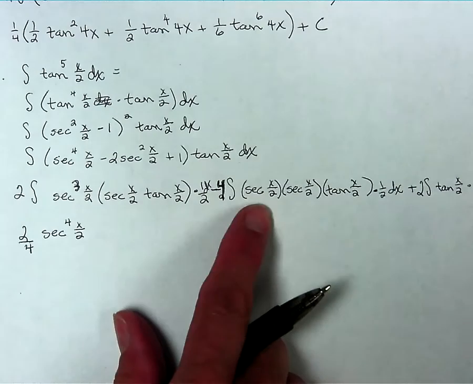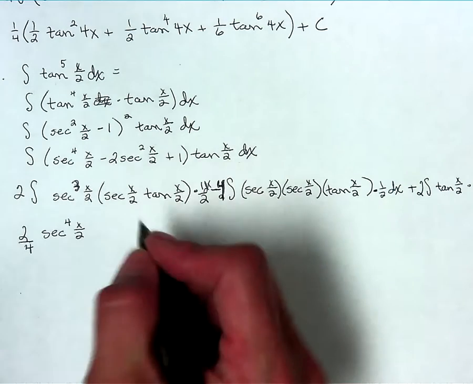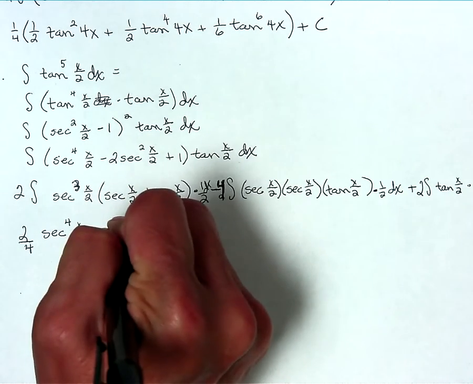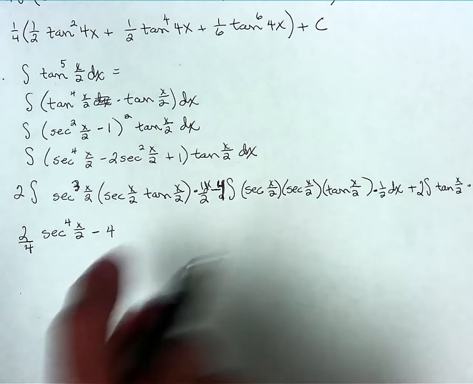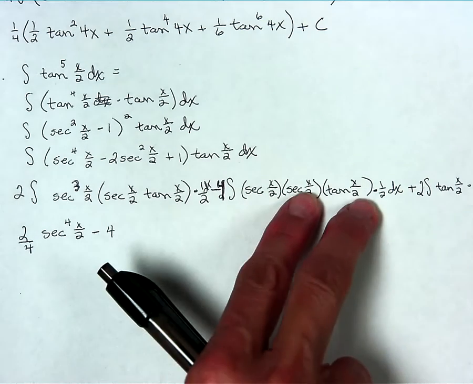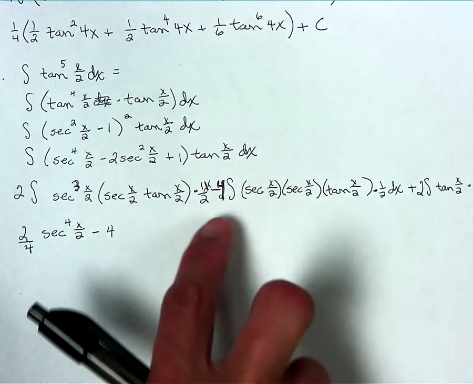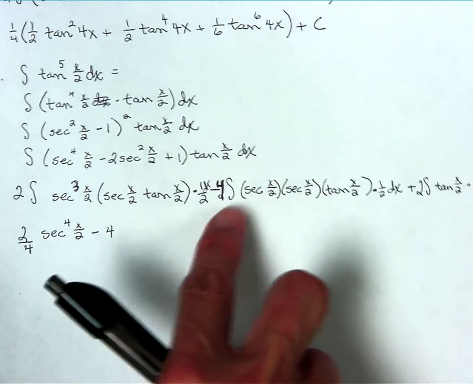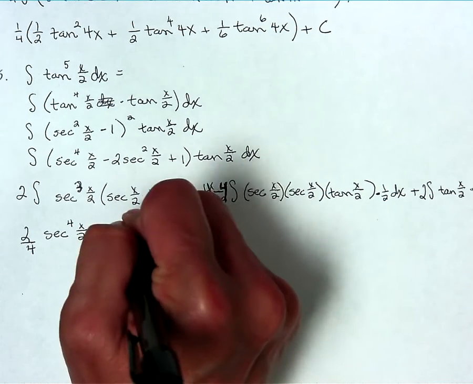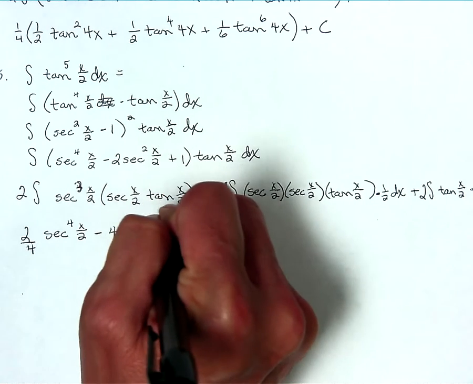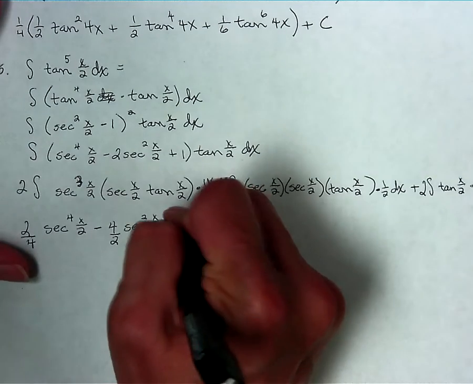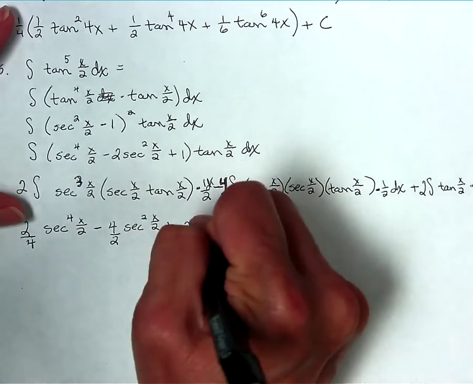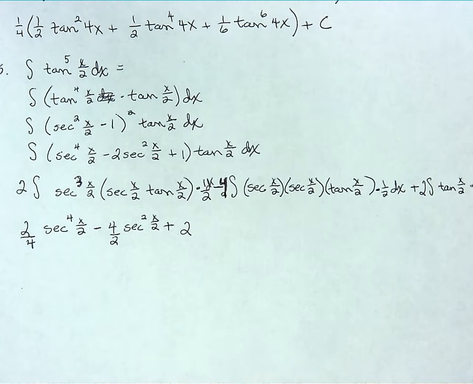And the second, you have minus 4, and then you have ugly to the first and the derivative of the ugly. So the antiderivative of ugly to the first is ugly squared divided by 2. And then the last 2, and the antiderivative of tangent.